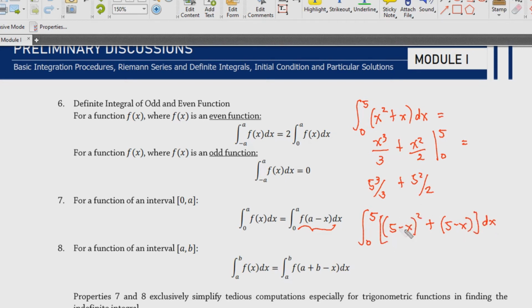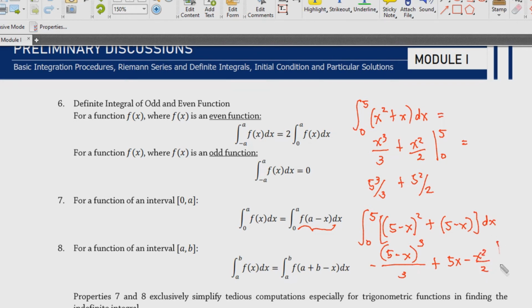Now, if you want to integrate this, there's no need to expand this because this is just an extension of the power rule. So with this, let's integrate using the power rule. So we have 5 minus x. This becomes cubed over 3, but make sure that we use the negative sign here because that is negative 1. And then plus, this becomes 5x minus x squared over 2.